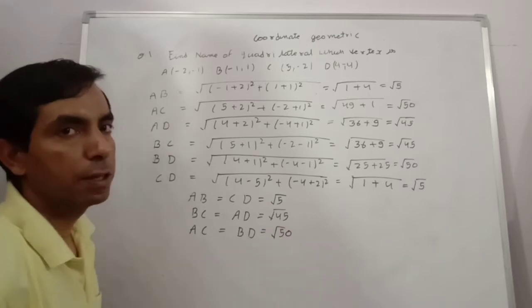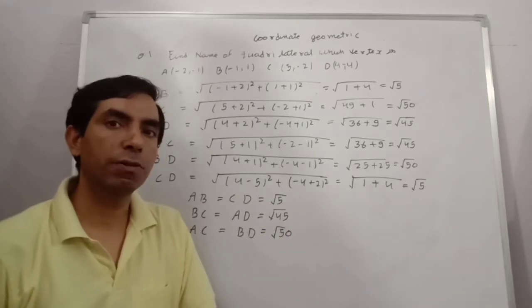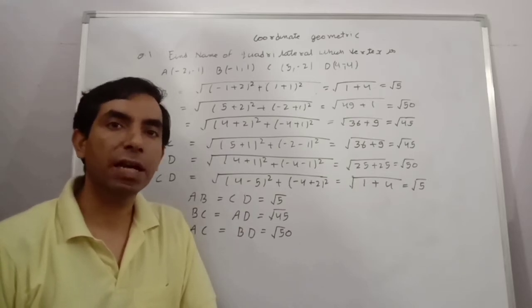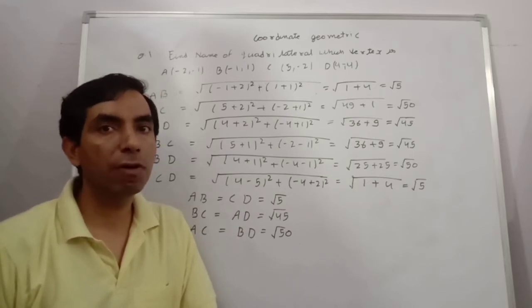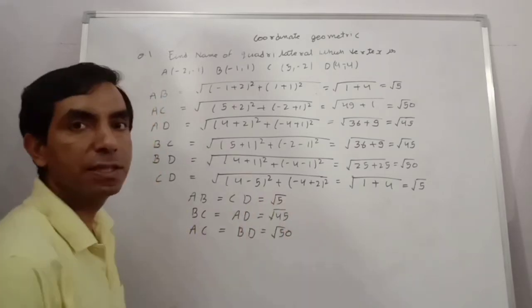Here we see that all opposite sides are equal and the diagonals are also equal. From the definition of quadrilaterals we know that in a rectangle all opposite sides are equal and the diagonals are also equal. So we can say that it is a rectangle.